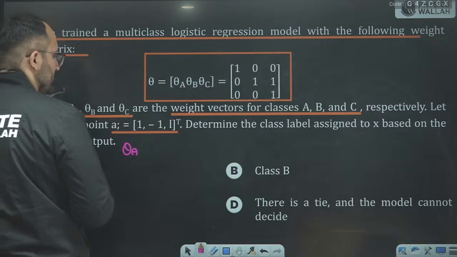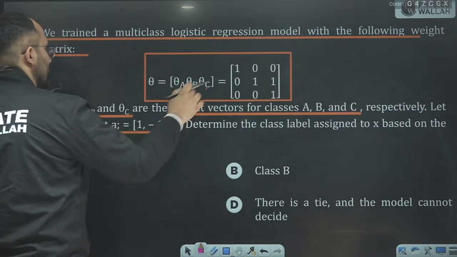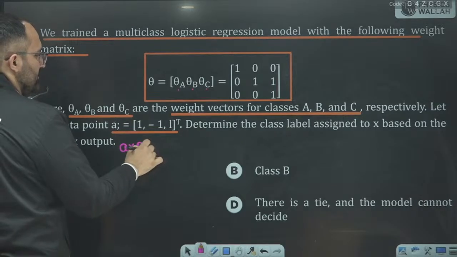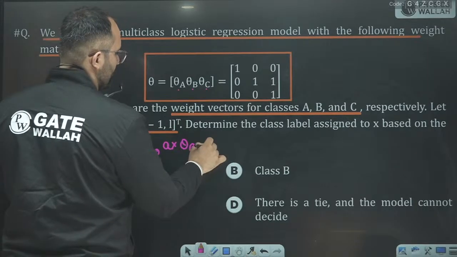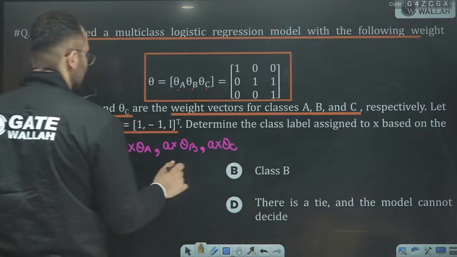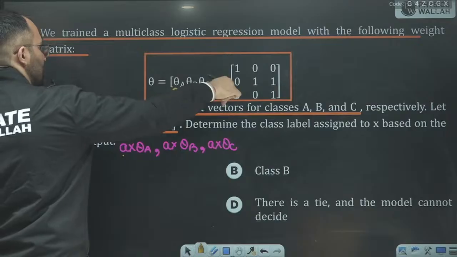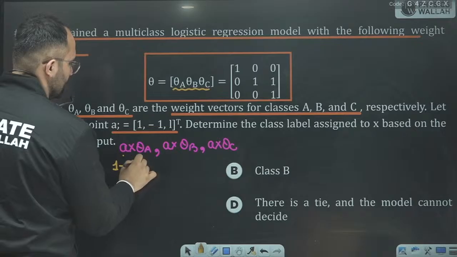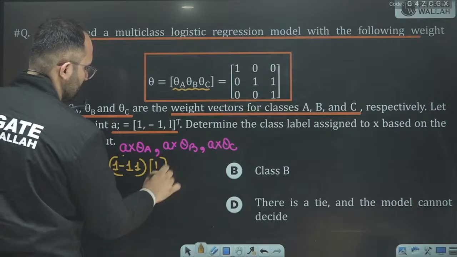We'll use the weights of the classes A, B and C. We'll multiply point A by theta A, point A by theta B, and point A by theta C. So A is 1, minus 1 and 1. Theta A is 1 0 0, so the value is 1.